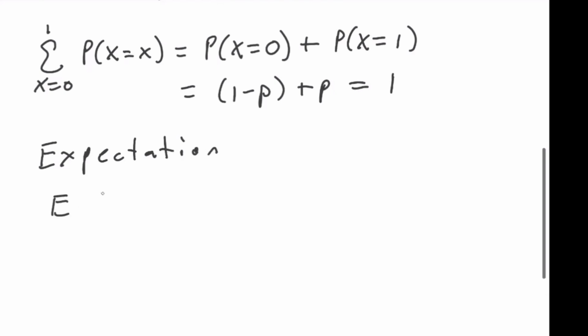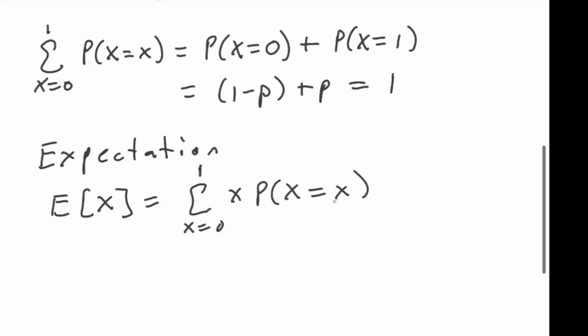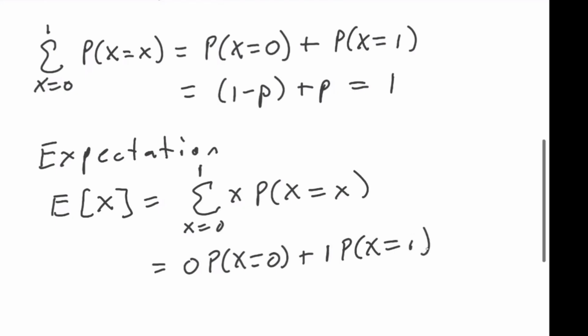Okay, so the expected value of X, where X follows this Bernoulli distribution, is the sum from x equals 0 to 1 of x times the probability that X is equal to x. Okay, and this is equal to 0 times the probability that X is equal to 0 plus 1 times the probability that X is equal to 1.